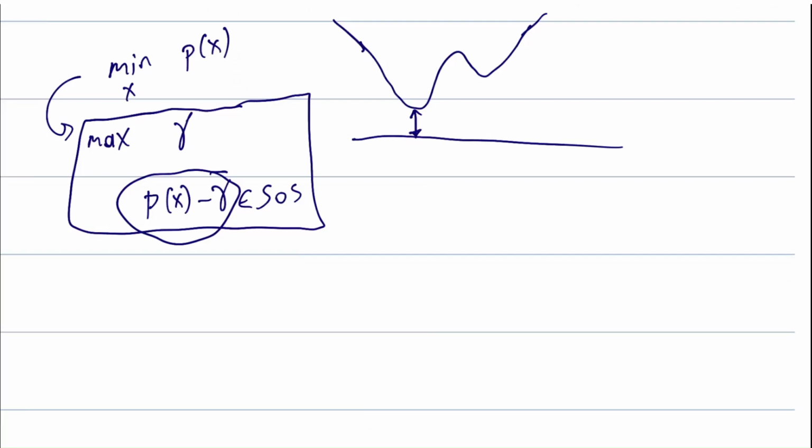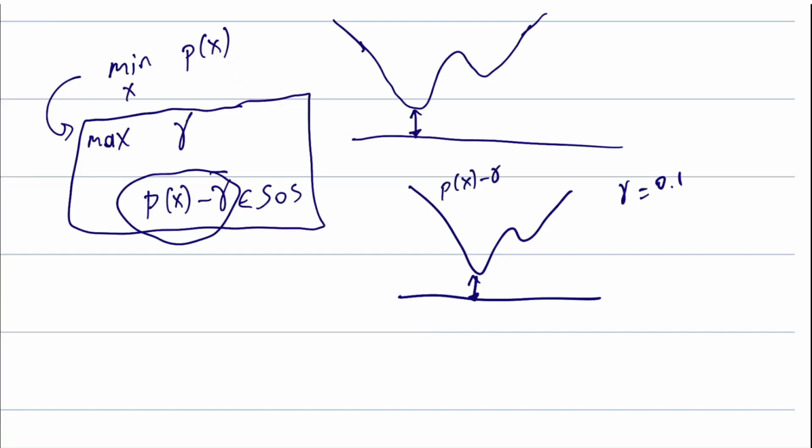Okay, this is no problem. We just subtracted some gamma. Maybe gamma is 0.1. So this is p of x minus gamma.